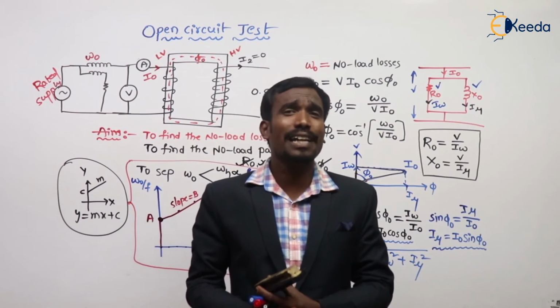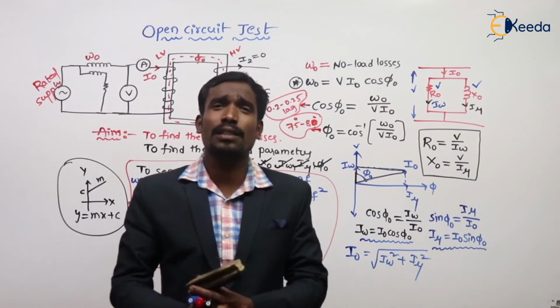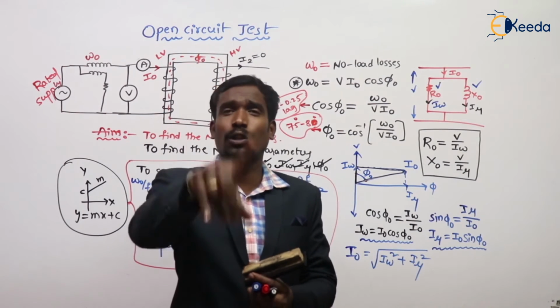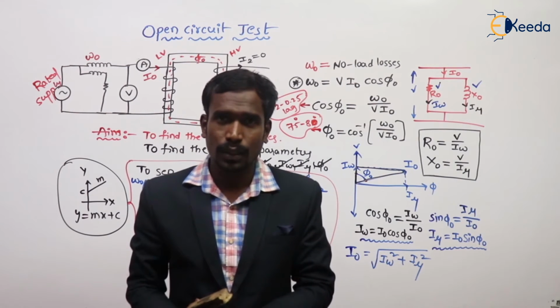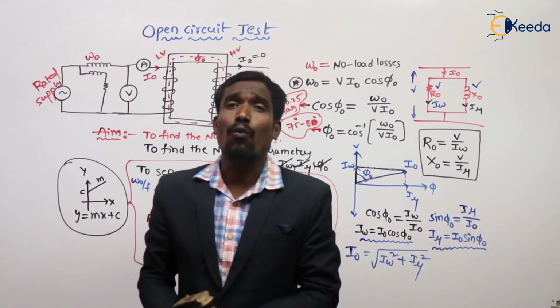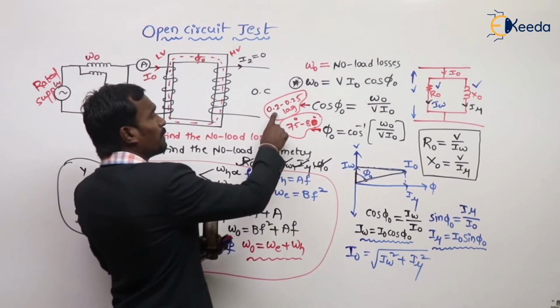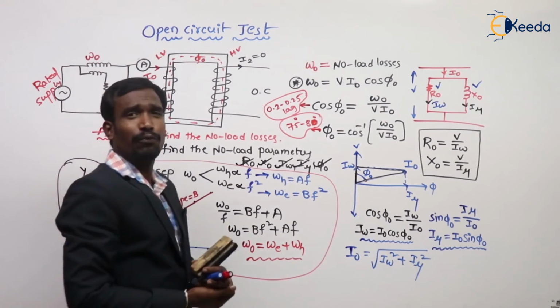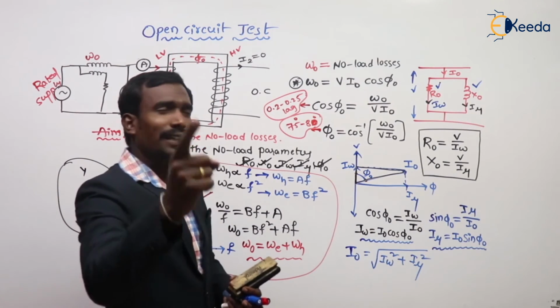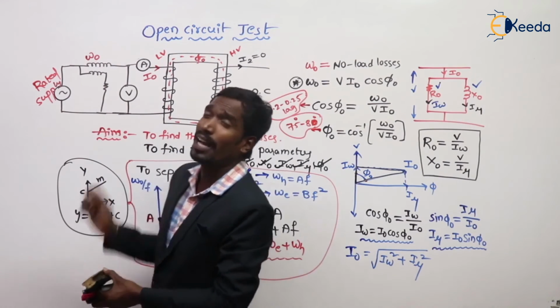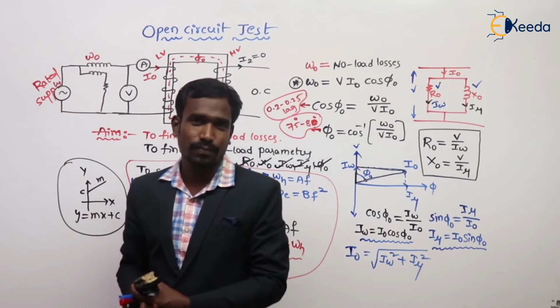What is the voltage? The voltage is the rated voltage. What is the current? 2 to 6% of full load current, which is called the no load current. What wattmeter are we using? LPF wattmeter, because here the power factor is less than 0.5. If the power factor is less than 0.5, then we have to use an LPF wattmeter.